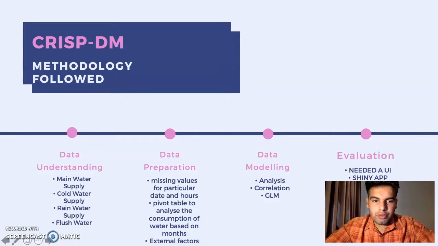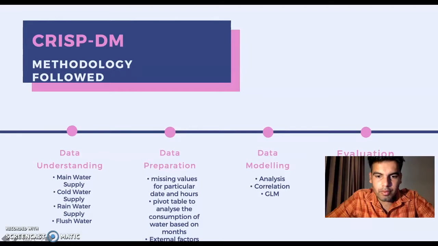So after going through our data, we started preparing it to make it fit enough to run our analysis. We figured out that there were some missing values for particular dates and hours in the dataset, for which we defaulted the values to 0.